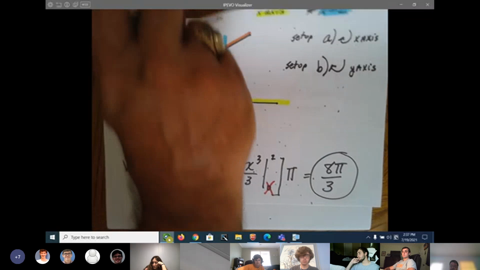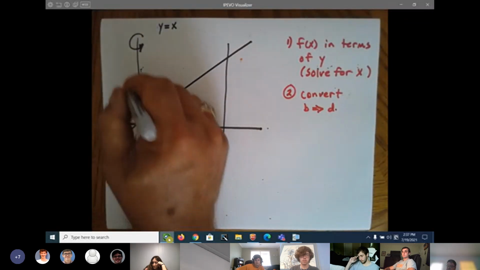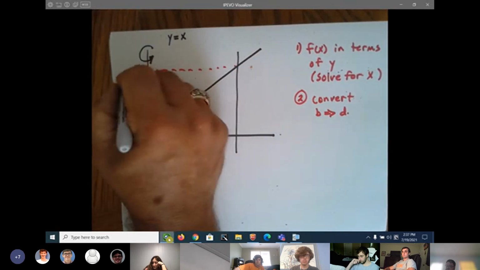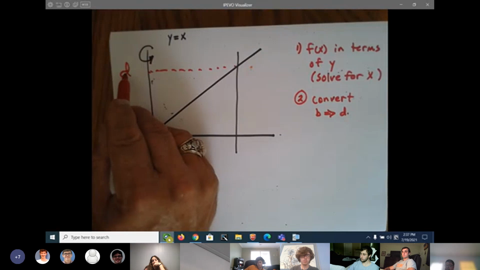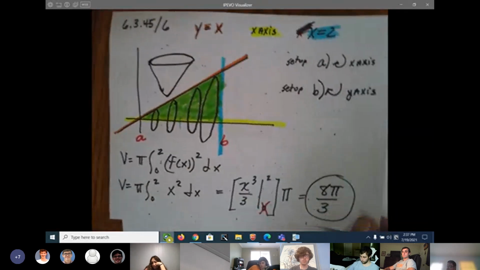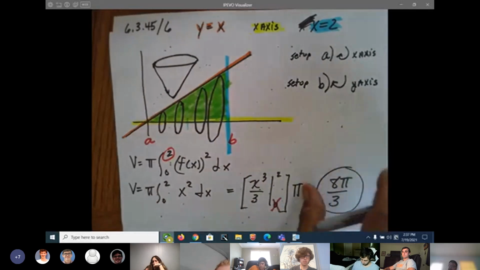When we're in the y-axis, you go from c to what? D, Hubert. So you've got to convert the x that you've been given, which is 2.